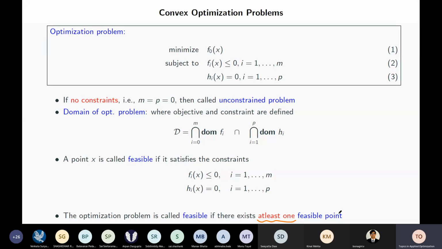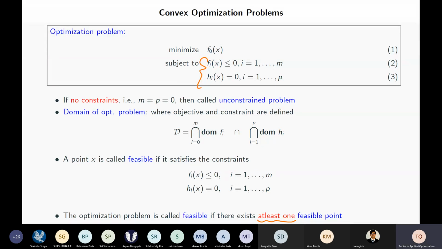In other words, the feasible set, the set of all x for which the inequality and equality constraints are satisfied, must be non-empty. There must be some x for which these are satisfied, and then we call the optimization problem a feasible problem. It may happen that someone told you to minimize, but you know that these constraints are contradictory and cannot hold together.